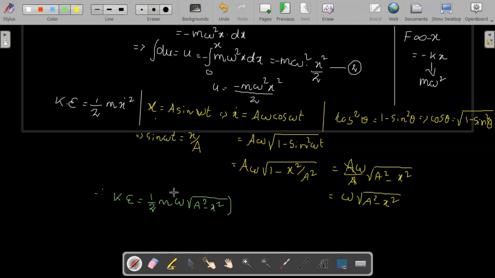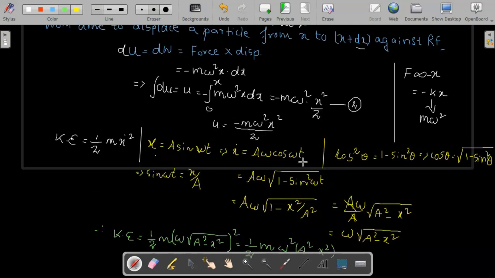The square of this is there, so let's simplify this a bit. It will be half m omega square, and we can take this term out of the root. This would be a square minus x square, right? Where A is the amplitude.